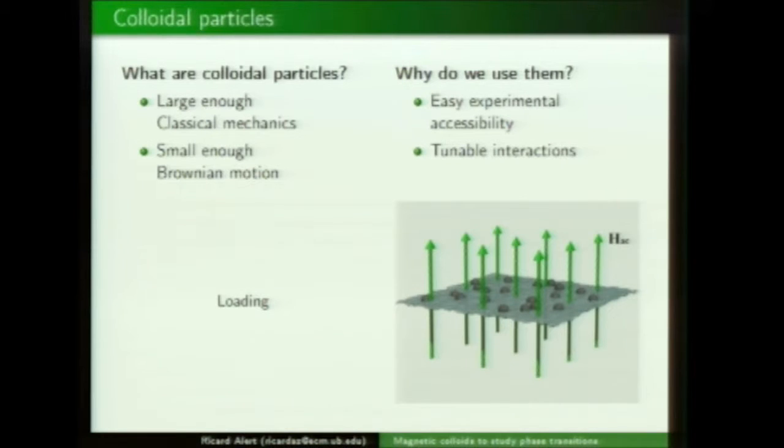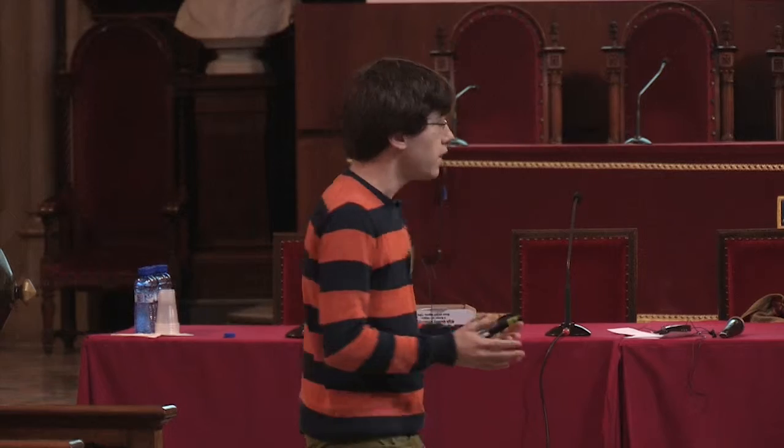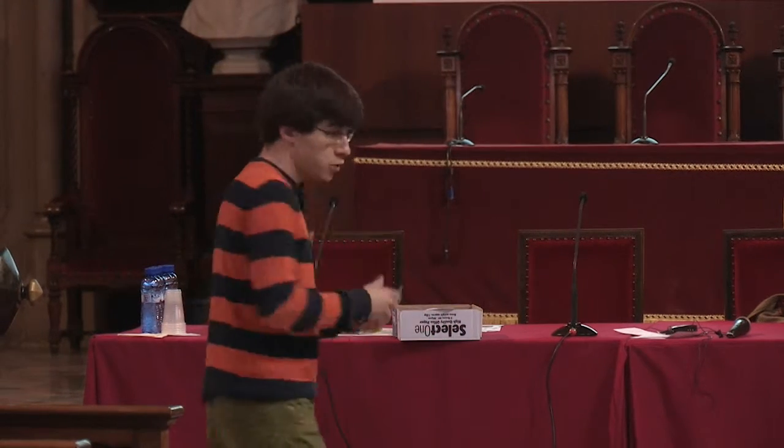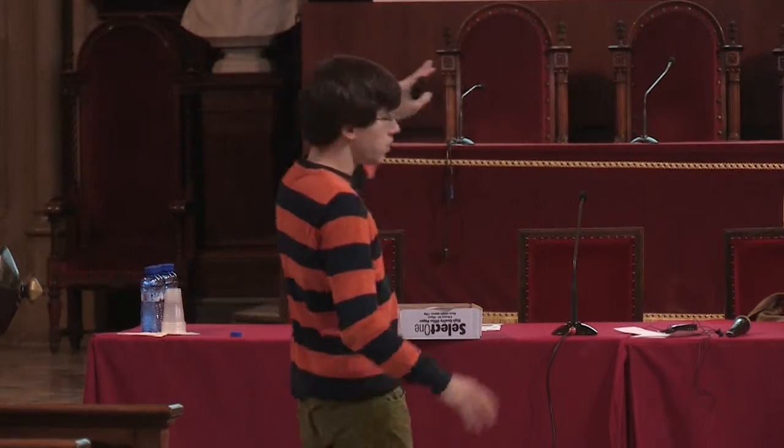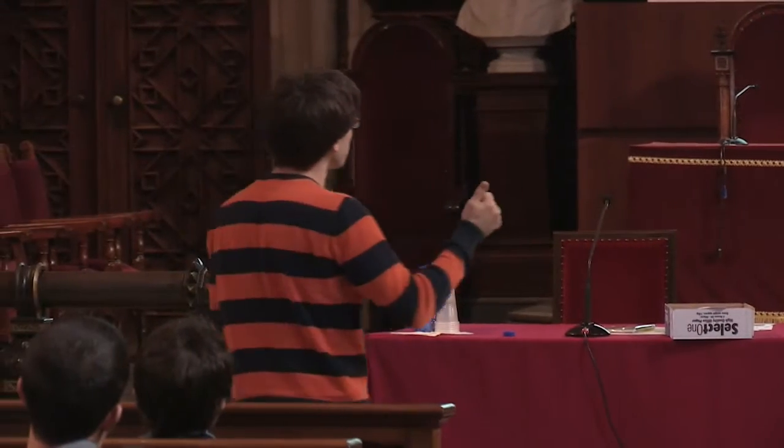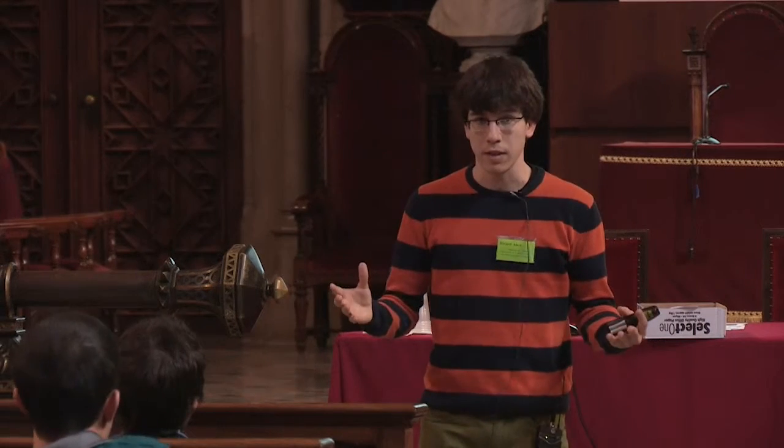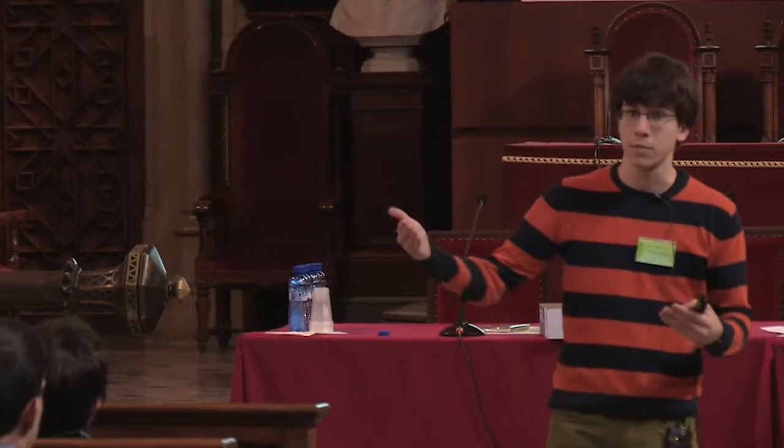And then you may wonder, why are these colloidal particles important? Basically, there are two reasons why they are important and useful. The first one is because they are very easy to control and manipulate experimentally, okay? For instance, we can just look at them by putting them under a microscope. And this is fairly easy to do, because they are big enough.